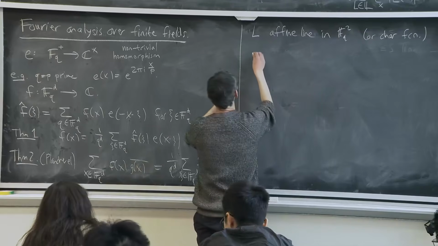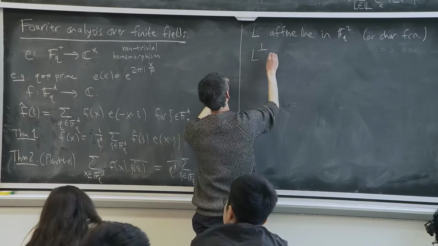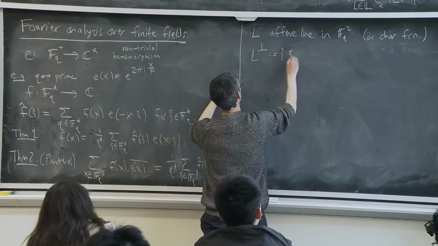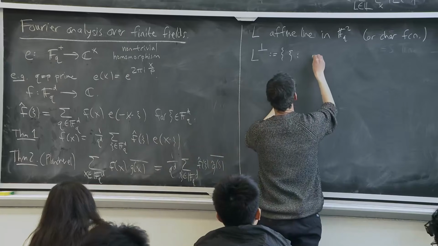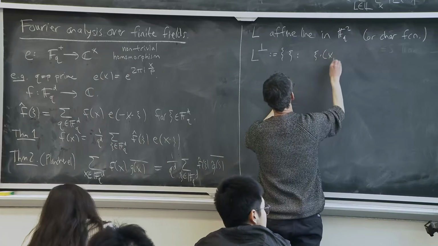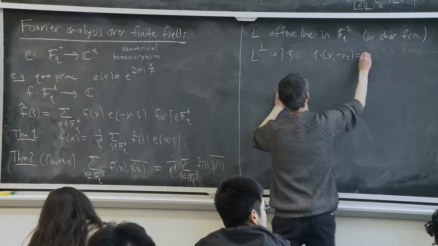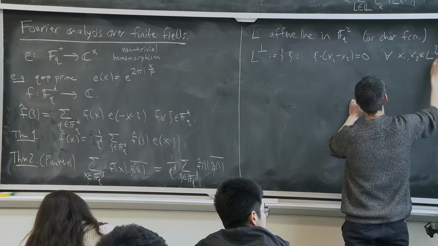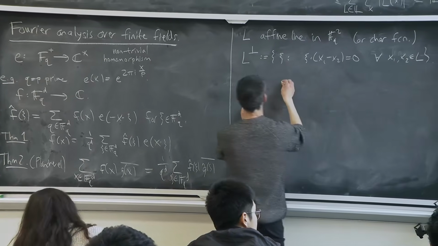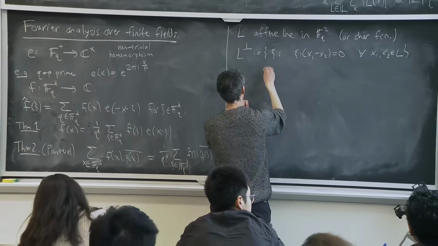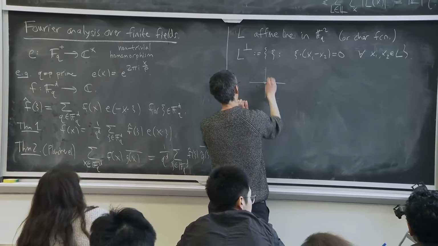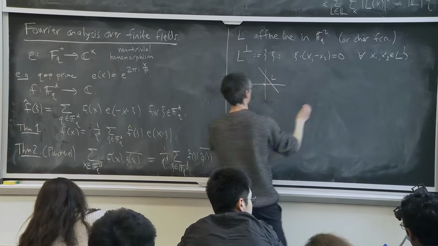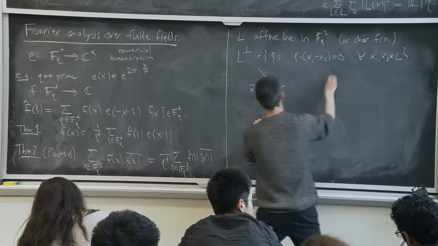OK, so then it has a perp. So L perp is the set of xi so that xi dot (x1 minus x2) is 0 for any x1, x2 in the line L. So in Euclidean space, this would look like this. Here's my line L. This is X space.